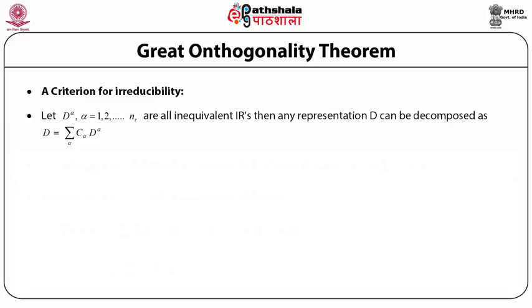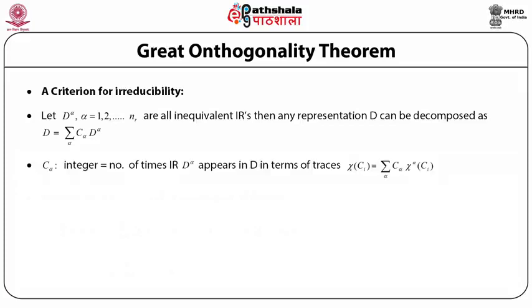Then any representation D can be written as the sum over all alpha of C alpha D alpha, where C alpha is an integer and it gives us the number of times an irreducible representation D alpha appears in the general representation D. In terms of traces, the character chi of Ci is equal to the sum of C alpha D alpha of Ci, where Ci is the ith class in the representation.